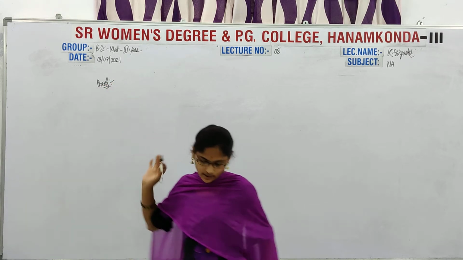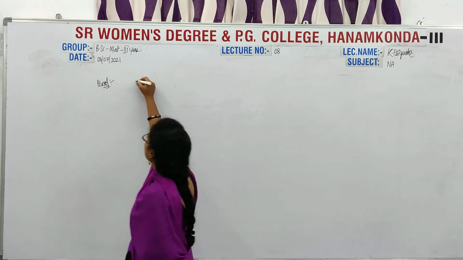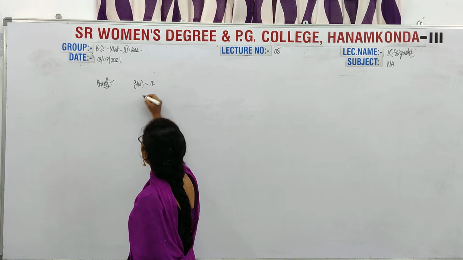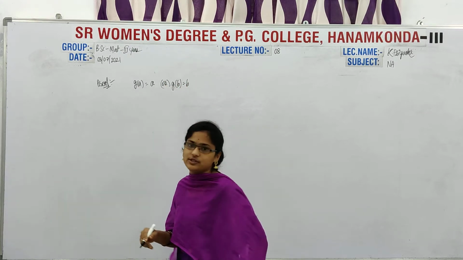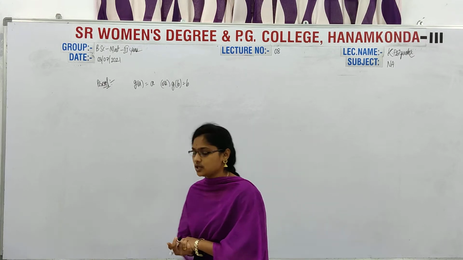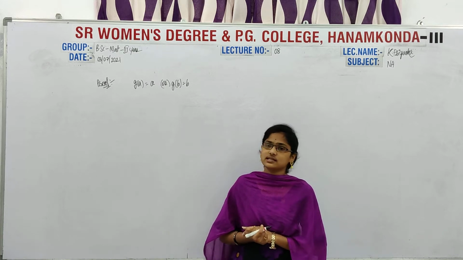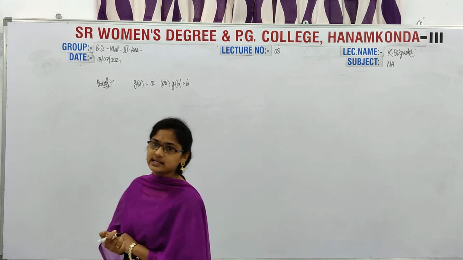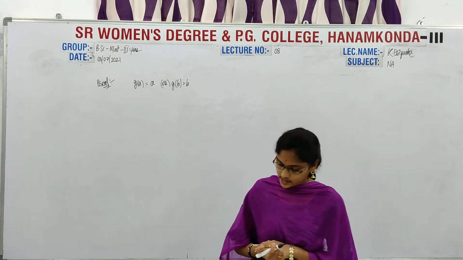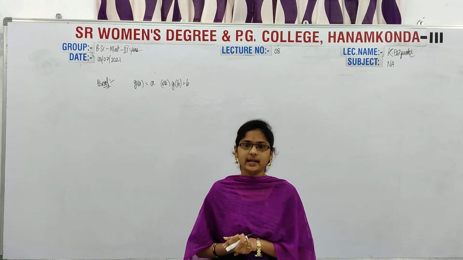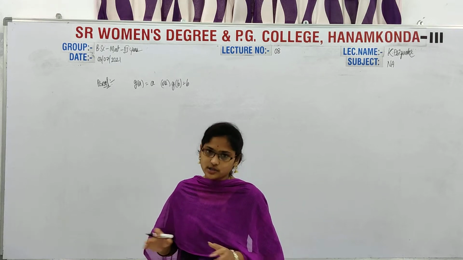Write down: if g of a is equal to a, or g of b is equal to b, then small g has a fixed point at an endpoint.